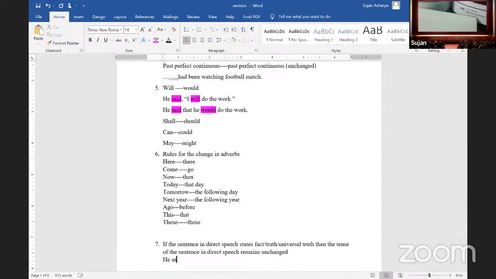For example, he said, "Human blood is red." He said that human blood is red. We don't change the tense of the sentence. Blood is red, is red.